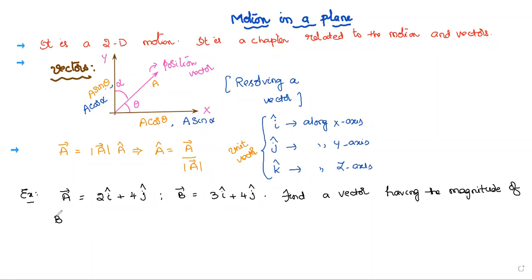The third vector has the same magnitude as B bar. Okay, sir, magnitude you say. What direction, sir? Direction, having a magnitude of B bar along the direction of A bar.